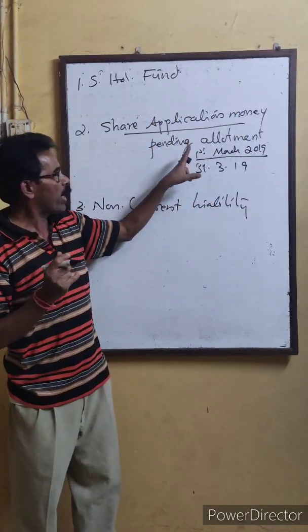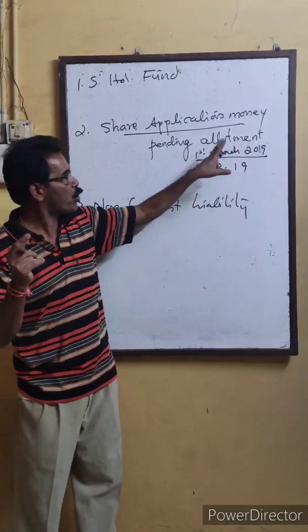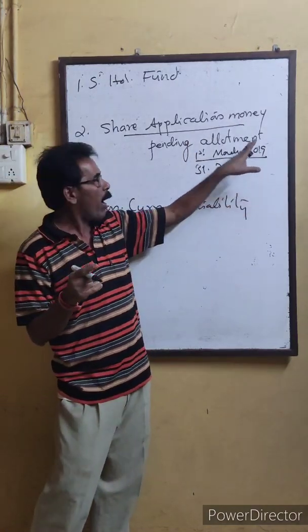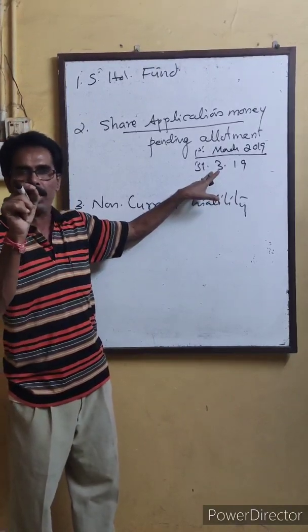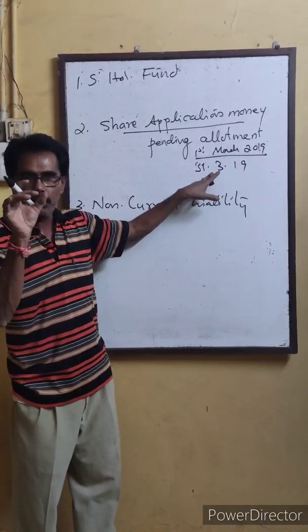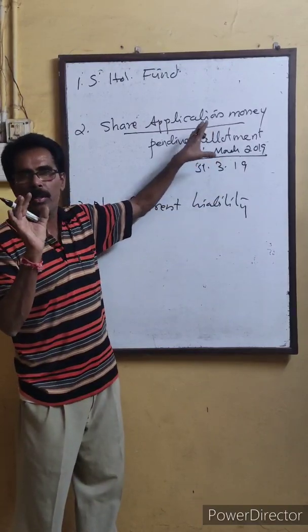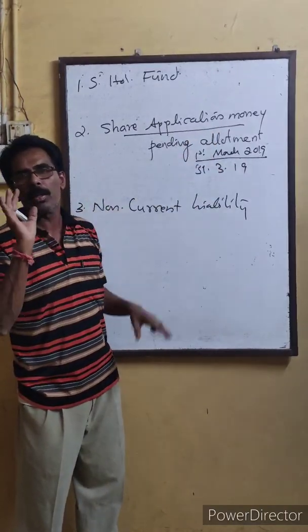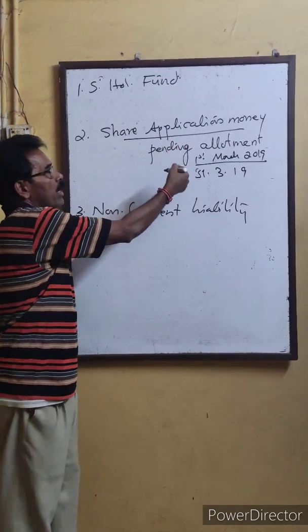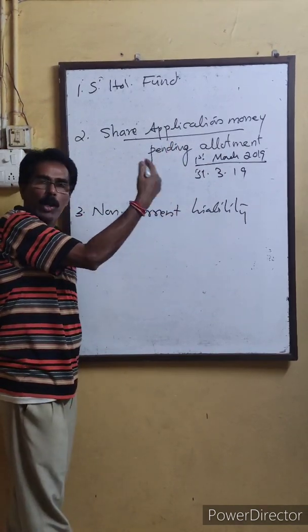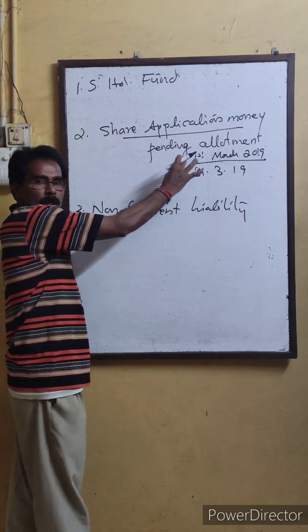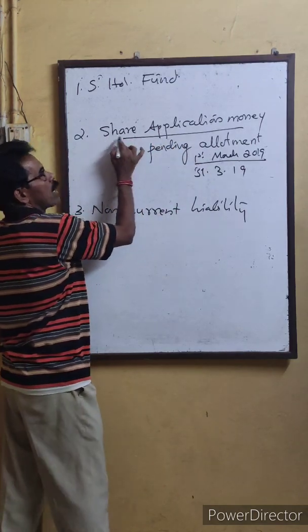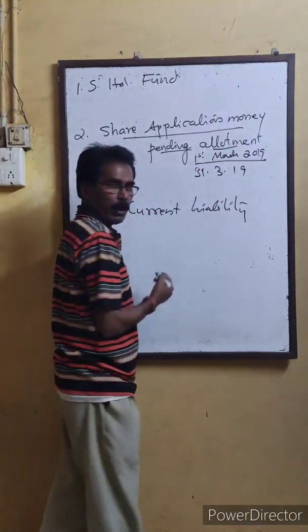Once more, application money received from the public on 1st March 2019, and the balance sheet prepared by the company on 31/3/19 means 30 days are in between. Between these days, the company didn't make allotment. The money was received, but allotment was not made. The allotment will be made afterwards. So the money received before the balance sheet date will be shown as share application money pending allotment.